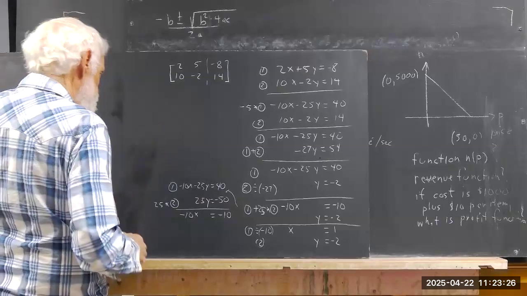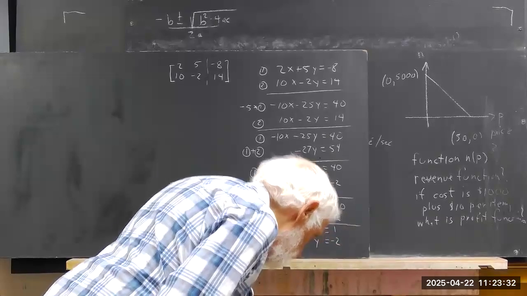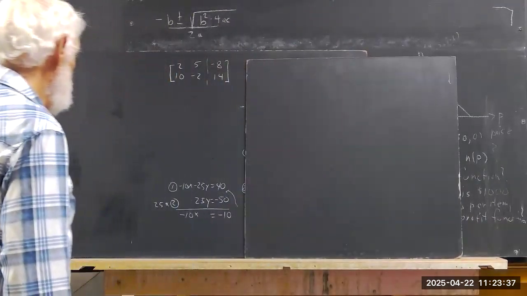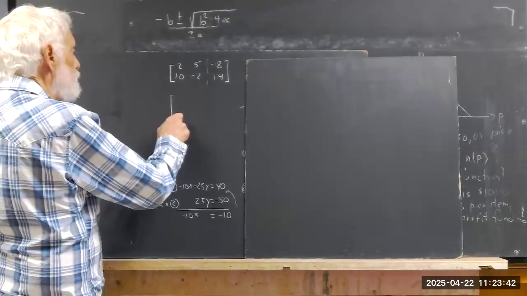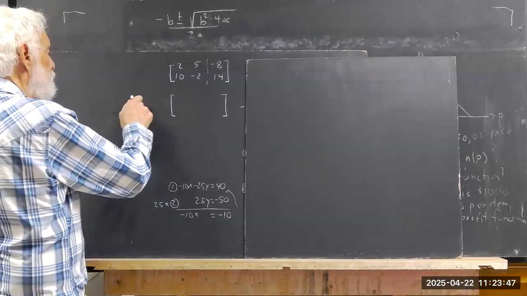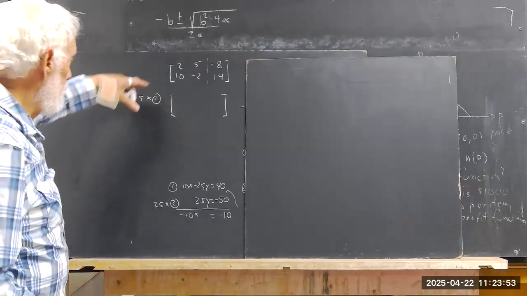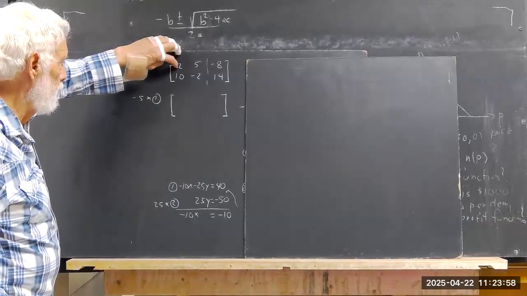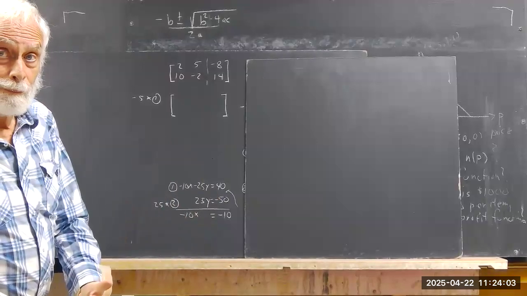Then, not looking at what I did before, I notice that if I multiply equation 1 by -5, I'm going to get a -10 here to match this 10, so I can add them and get 0.